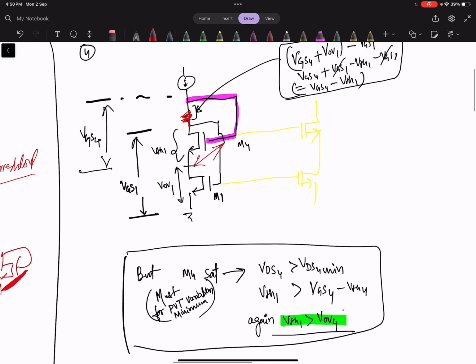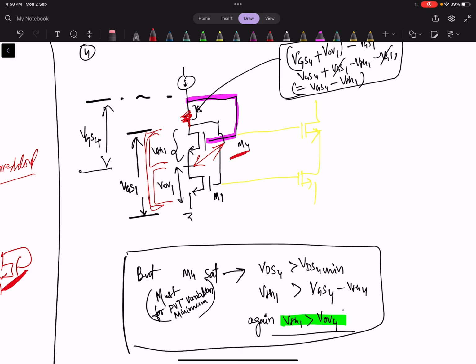So in this case, if you see, this is complete VGS1, and this is VOV1, so this will be VTH1. Okay, and for M4 to be in saturation, what is the condition?